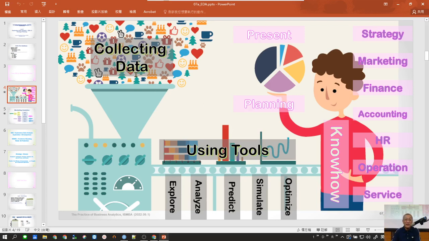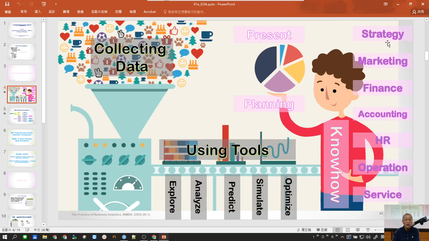So you collect data and you use tools, and basically you will use a lot of tools, using data as the material, right? And using these tools as the stations in the assembly line, right? So you do exploration, analysis, you do prediction, simulation, optimization, right? And based on the result of all of this data analysis, you do planning, you do presentation, okay?